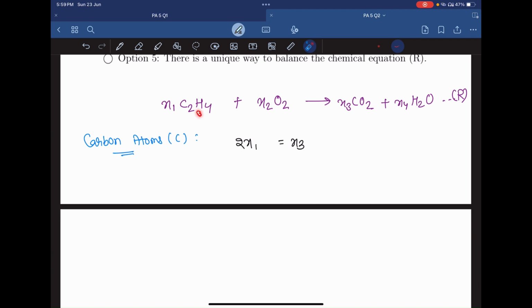Similarly, we have 4x1 hydrogen atoms on the LHS and 2x4 hydrogen atoms on the right hand side. For the second equation, that is for hydrogen atoms, H would be 4x1 equal to 2x4.